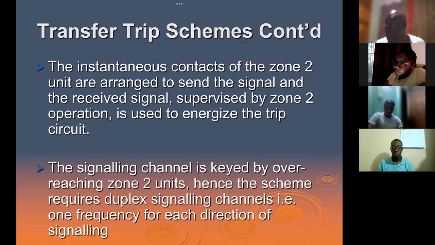So for all the schemes we have looked at, zone 1 extension, acceleration, permissive underreach, direct transfer, permissive overreach, all of them, those that have a supervisory aspect to them, receipt of a signal, all of them operate by receiving a signal in order to function. Okay, I see you're still writing, my bad.